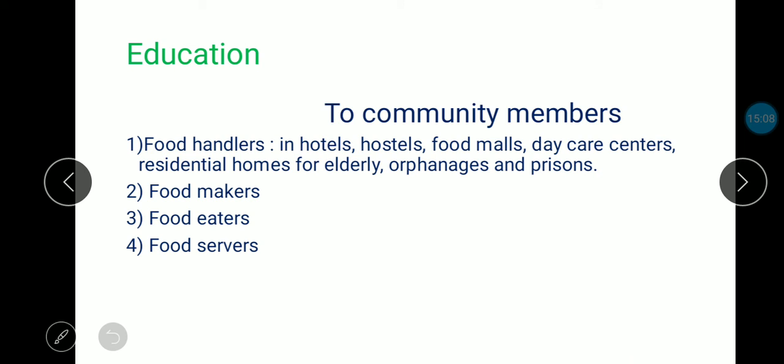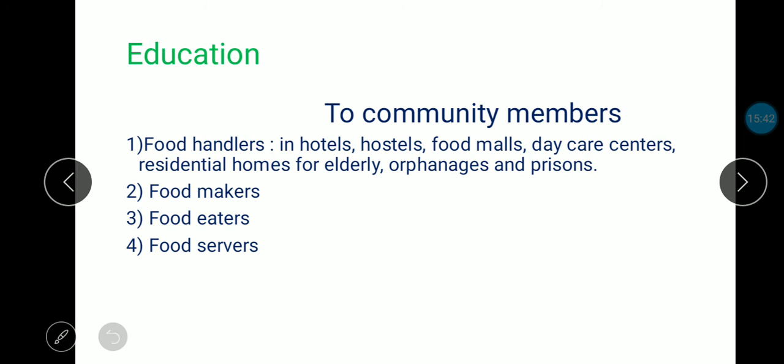Food handlers, that is the people present in the food handling process. They are present in hotels, hostels, food malls, daycare centers, residential homes for elderly, orphanages, prisons, etc. These people should be educated for the hygienic conditions, cleanliness, etc.